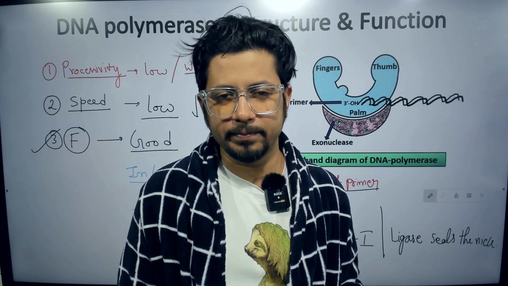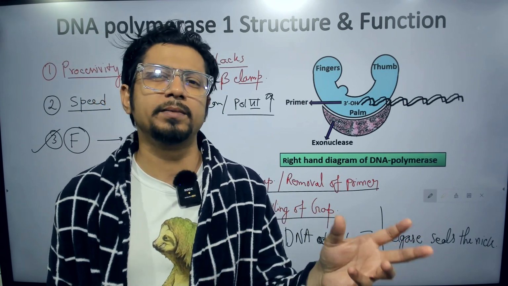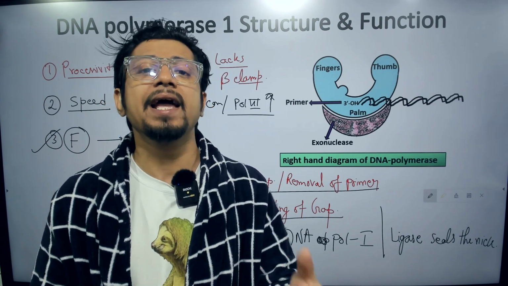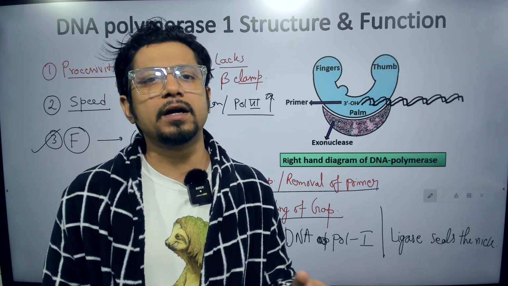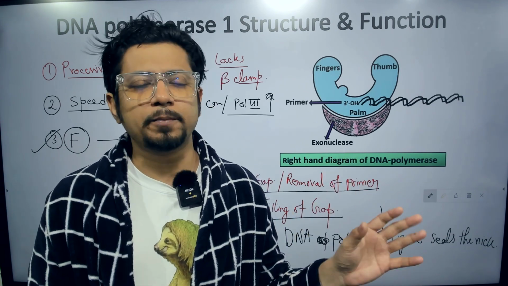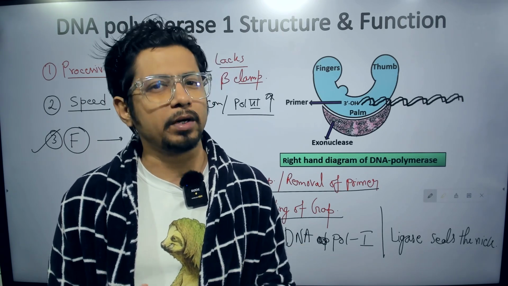That's why we don't use it. If you want to understand the exact mechanism of DNA polymerase 1's polymerization activity and exonuclease activity, there is a separate part of the animation you can watch. But up to this point, many of you may be satisfied in understanding the role, structure and function of DNA polymerase 1.